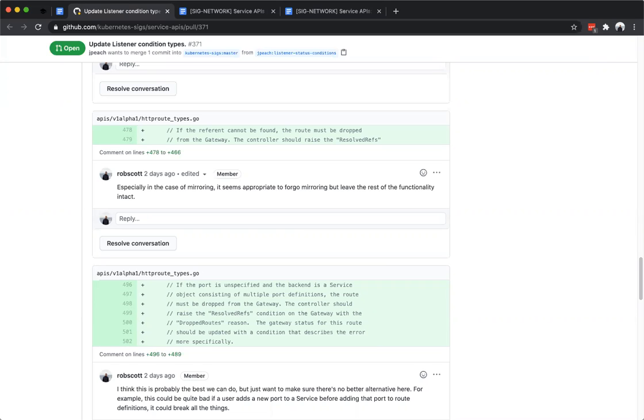But on the route, we have the route status, which is status conditions keyed by the parent gateway. So we could put some sort of degraded condition on the route itself, and then you'd be able to list routes and say, oh, route A is degraded on gateway B, and there would be my reason there. Yeah, that makes sense.